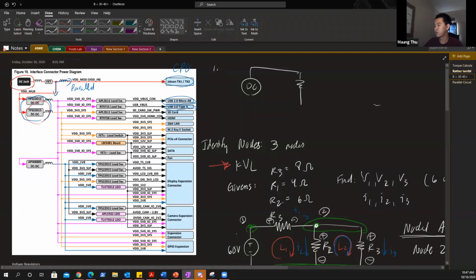We're going to put that in parallel. Cool. So this is TX2, and this is going to be your TPS whatever, right?